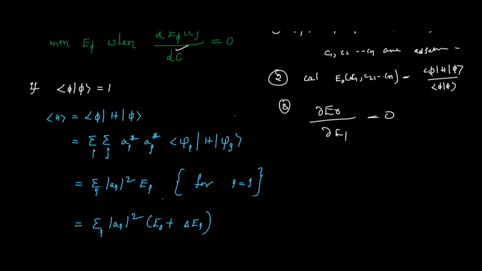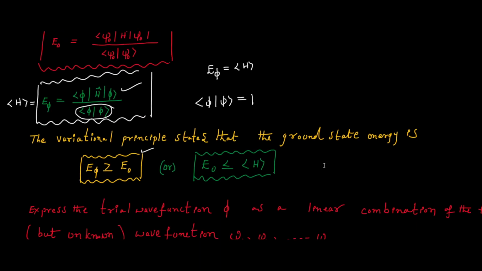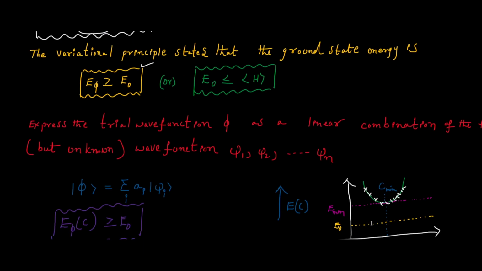This gives the values of C1, C2 up to Cn. The fourth step is to substitute these adjustable parameter values into the approximate energy expression, and then you get the ground state energy. The variation principle states that the calculated energy is always greater than the ground state energy.